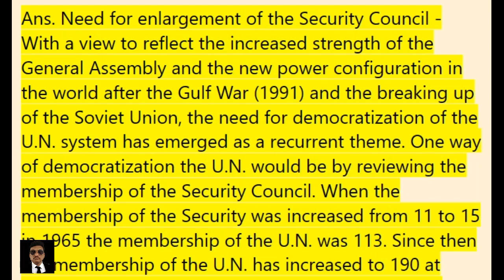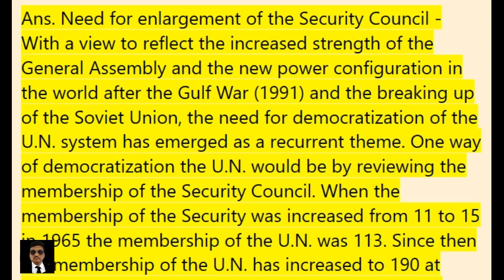The need for democratization of the UN system has emerged as a recurrent theme. One way of democratization of the UN would be by reviewing the membership of the Security Council.